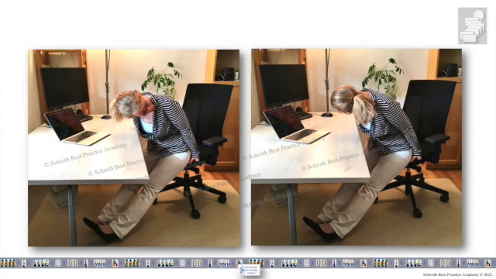Some of these so-called detethering exercises can also be performed at the workplace. Here we can see one sequence of an advanced detethering exercise.